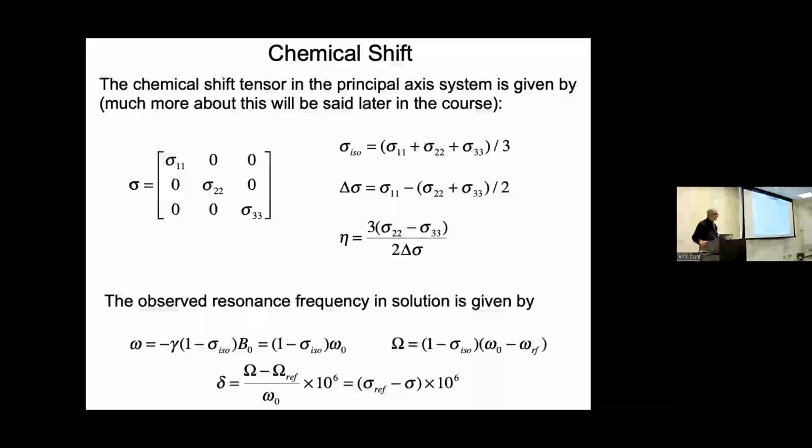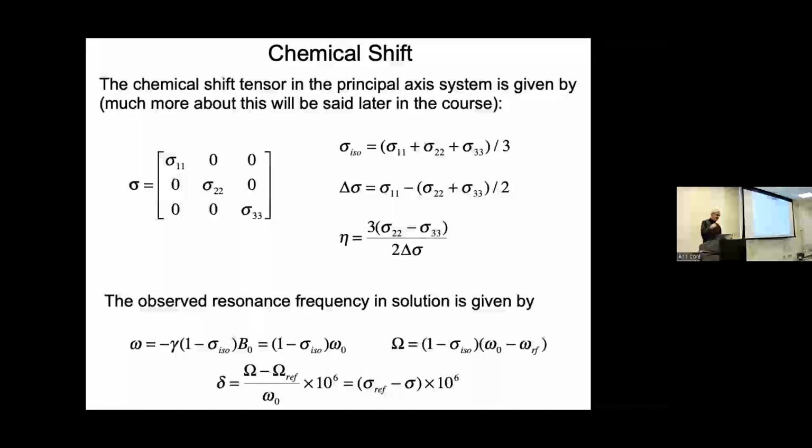We have the shift of a given resonance, we have the shift of a reference frequency, and we have the Larmor frequency for that spin. So the relative offset is the difference to the reference divided by the Larmor frequency. And since that's a very small number, that's multiplied by 10 to the 6th. A 6th is a million, and that's why frequencies are usually measured in parts per million on a spectrometer.